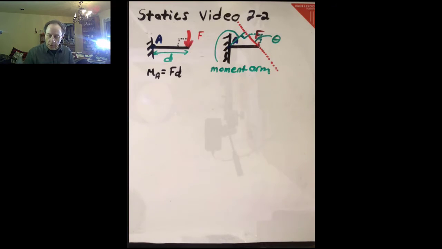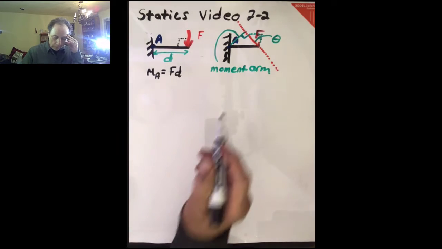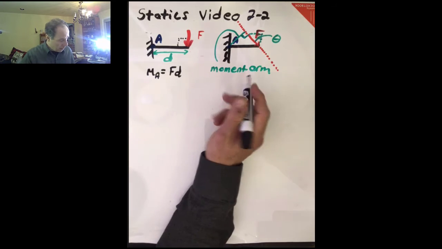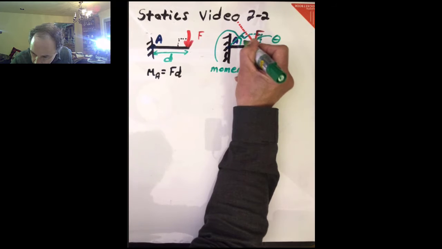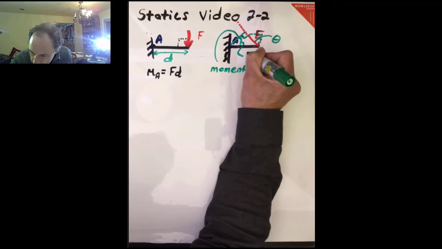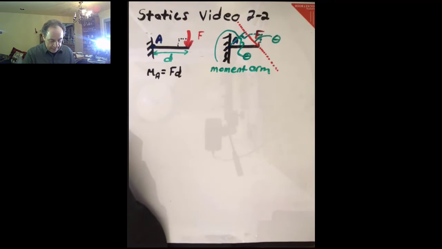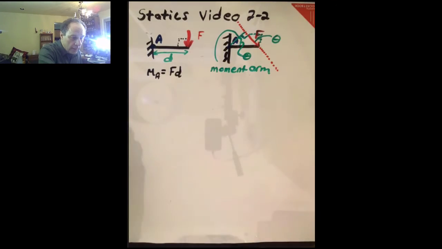So let's see. We got some triangle business going on here. This angle here is also going to be theta. So that means that this distance here, let me get another color because this is getting confusing.